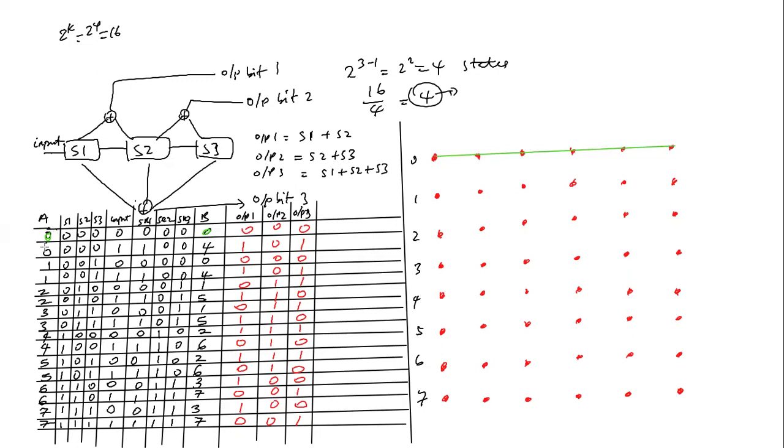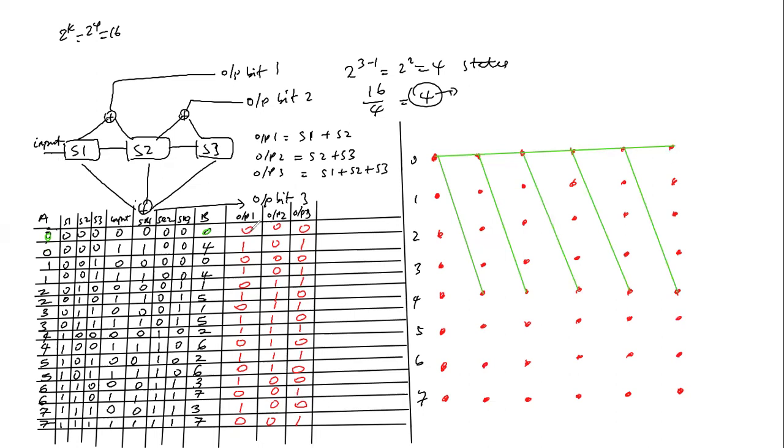Then we move from 0 to 4, 0 to 4, 0 to 4, and 0 to 4. Now we assign the codes.